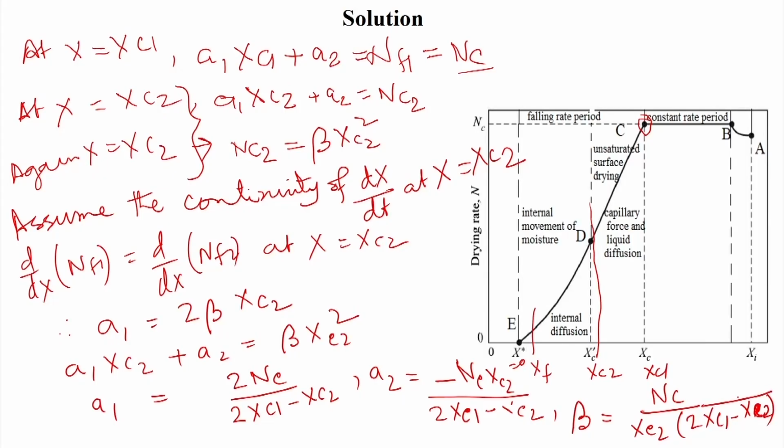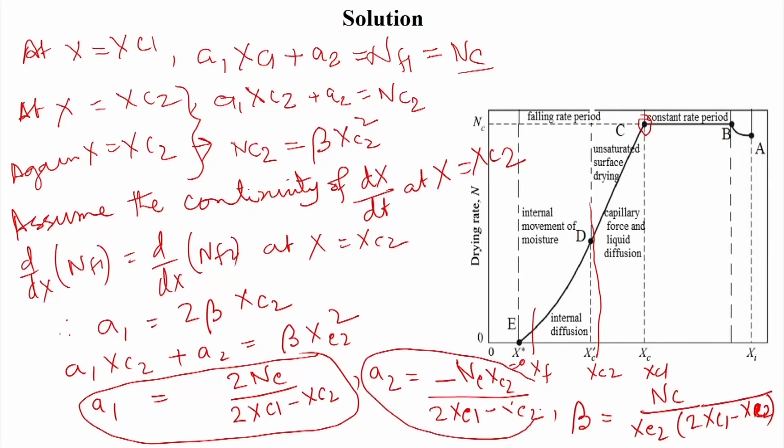So now we have all three values, A1, A2 and beta.